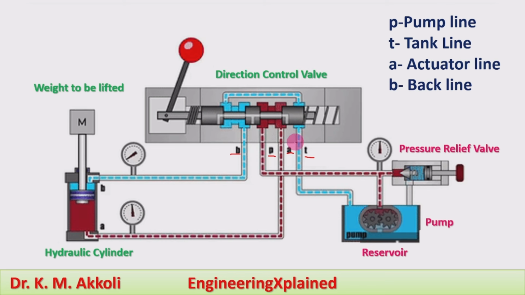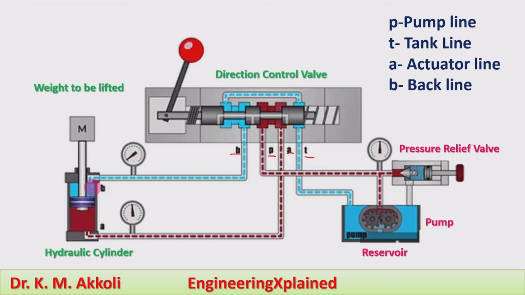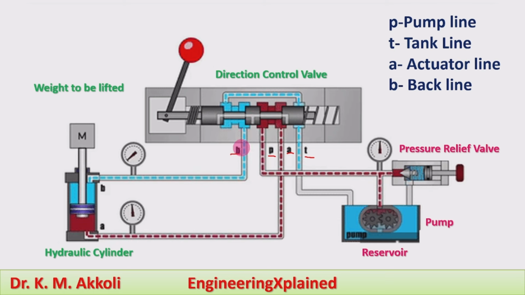Here we can see that during the return, the fluid goes to the tank. That is, the actuation is taking place, and on return the power is not required in the system. If power is also required on the return, then the tank line connects to the other side, that is the rod end side of the piston.